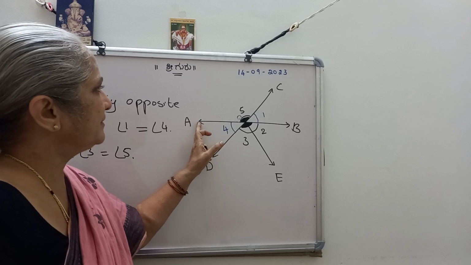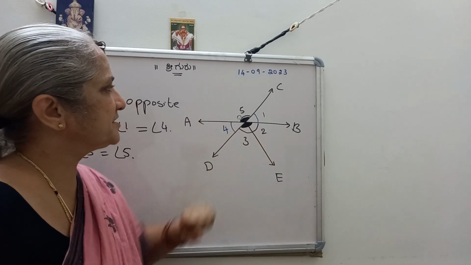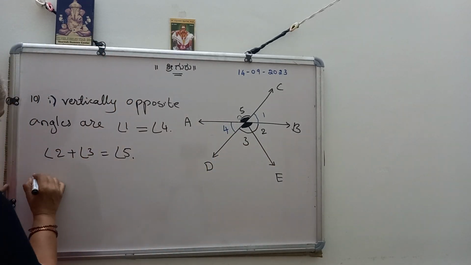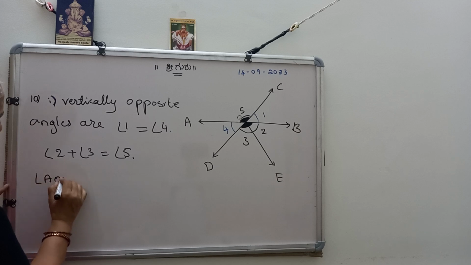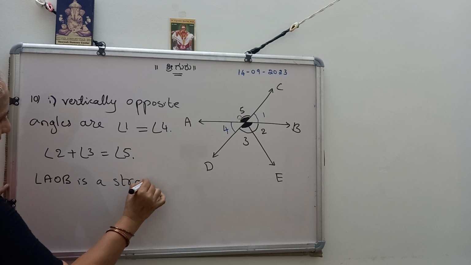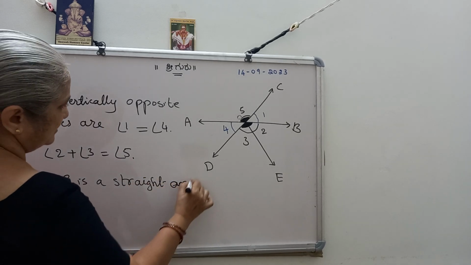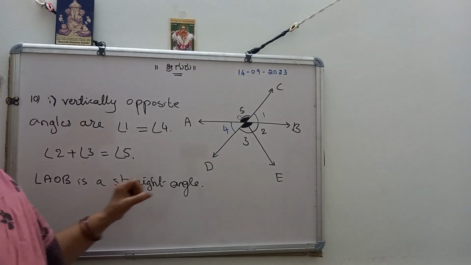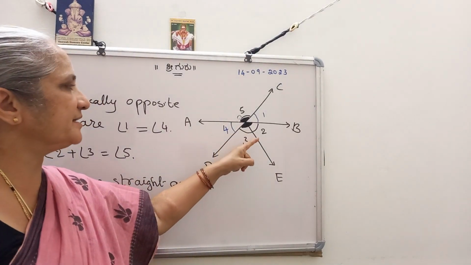Linear pair means AOB is a straight angle. Angle AOB is a straight angle. It means the measure is equal to 180 degrees.